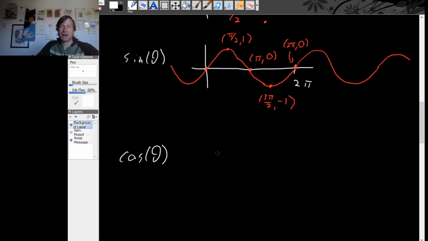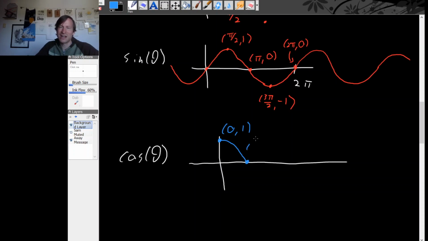For the graph of cosine of theta, it starts up here. This is at 0 comma 1. And cosine of theta starts out decreasing. When it first hits the x-axis, the horizontal axis, that's at pi over 2 comma 0. And then it goes negative for a while.